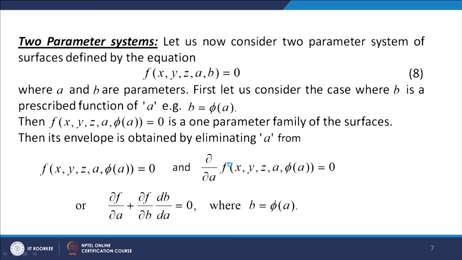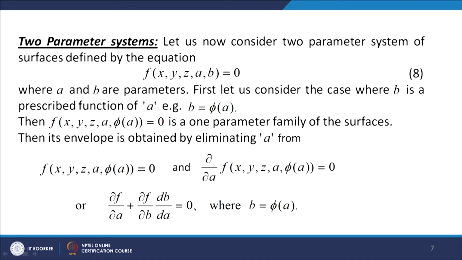Let us see that. The characteristic curve of the subsystem f(x, y, z, a, phi(a)) = 0 is obtained from this equation and this equation. Now, it passes through the point which is determined by f = 0, f_a = 0, f_b = 0, because if f_a = 0 and f_b = 0, then obviously this partial derivative is equal to 0.